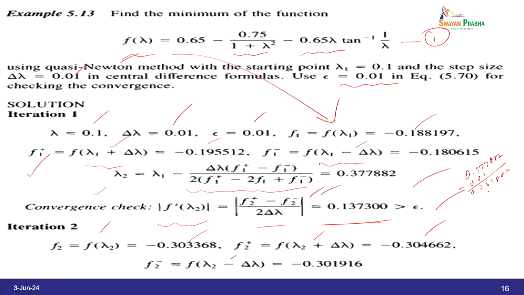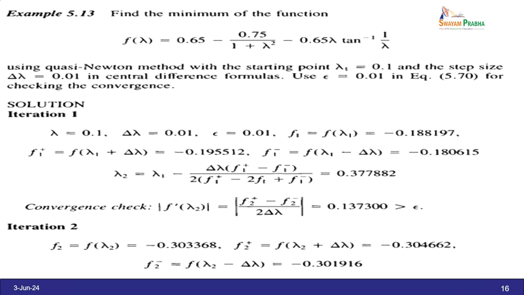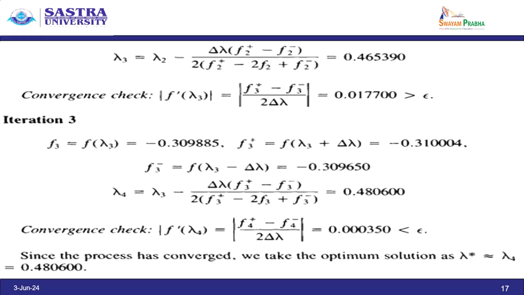This value is substituted in equation 1, so that 0.65 minus 0.75 divided by 1 plus this, call it lambda 2 minus delta lambda, substitute in the given function instead of lambda, minus 0.65 lambda, this value substituted into tan inverse of 1 by this. So, the net value is minus 0.301916 comes.